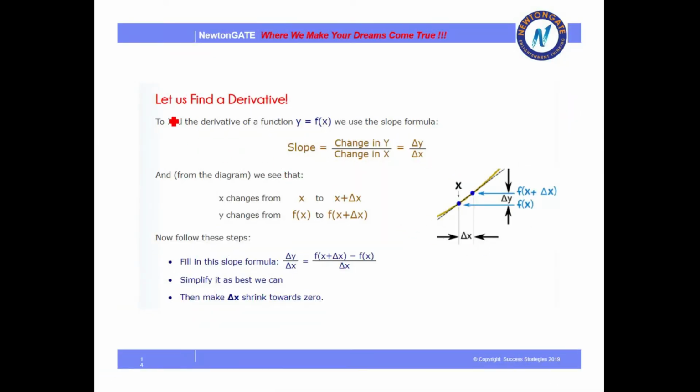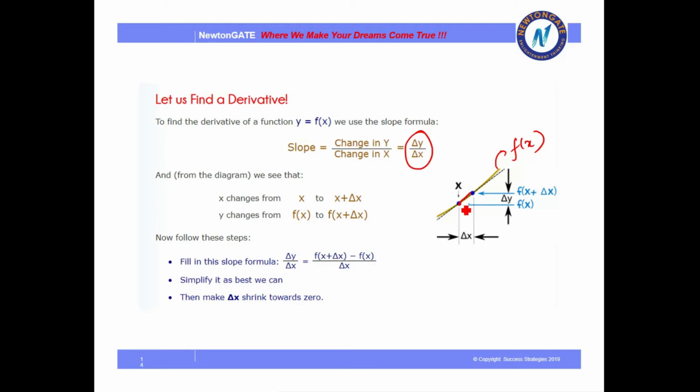So here we have found the process of derivatives, change in y divided by change in x. I have taken a function, f(x), and at this point it is f(x), and a slight change in distance gives f(x plus delta x).